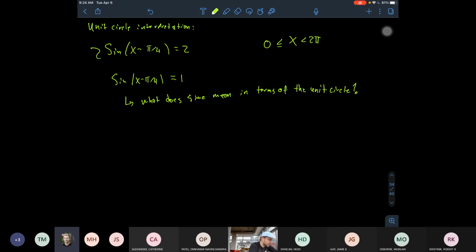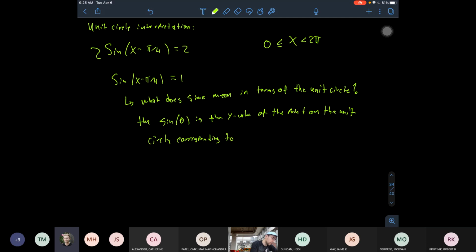Okay, a bunch of y's coming into the chat. That's right. The sine of theta is the y value of the point on the unit circle corresponding to theta.